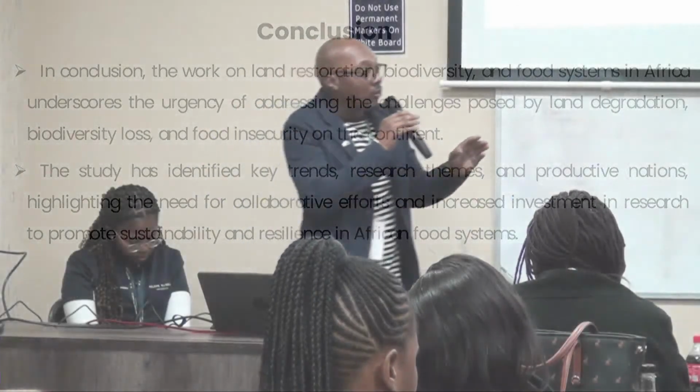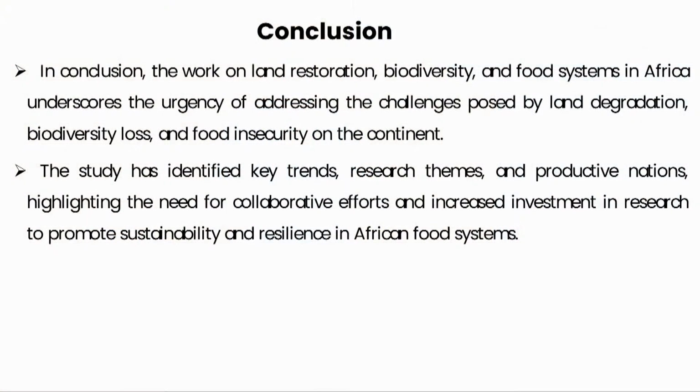Then it takes us to a conclusion, saying the work under climate change and food security has been done in Africa, trying to address land restoration, biodiversity loss, and food insecurity. The study also highlights the trends and research themes, showing the nations that are leading.